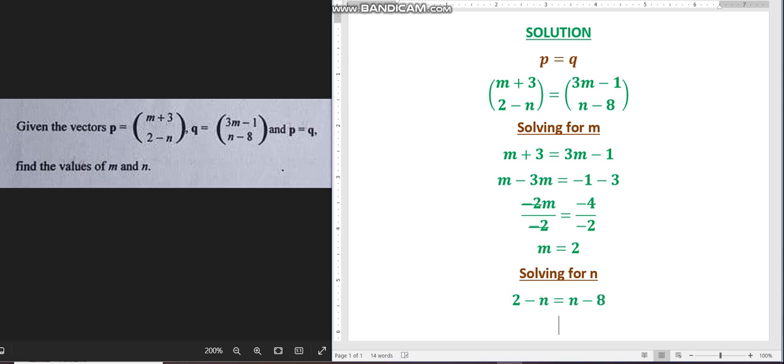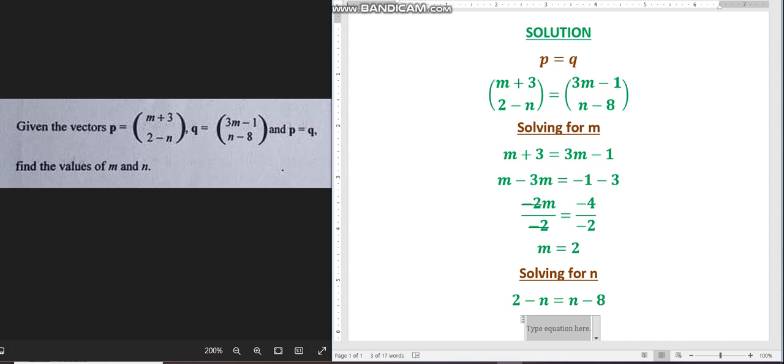The second step will see us grouping like terms and making sure that the variable n is on the left hand side of the equal sign.